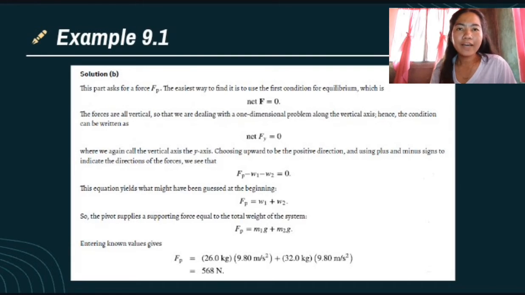So, F sub P equals (26.0 kilograms) times (9.80 meters per second squared) plus (32.0 kilograms) times (9.80 meters per second squared). The answer is 568 newtons.